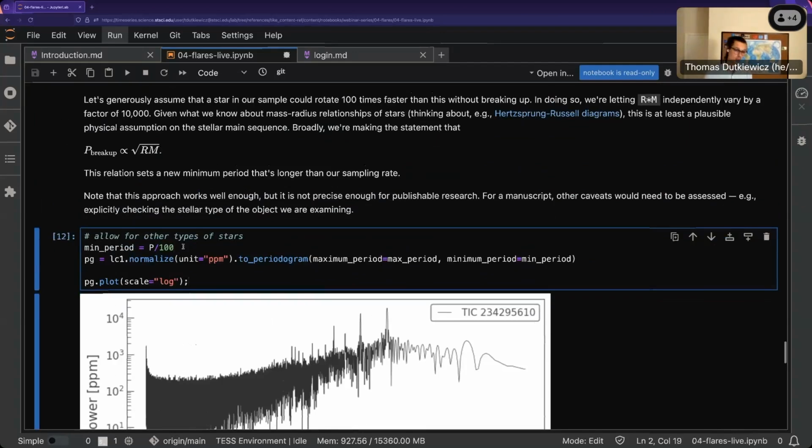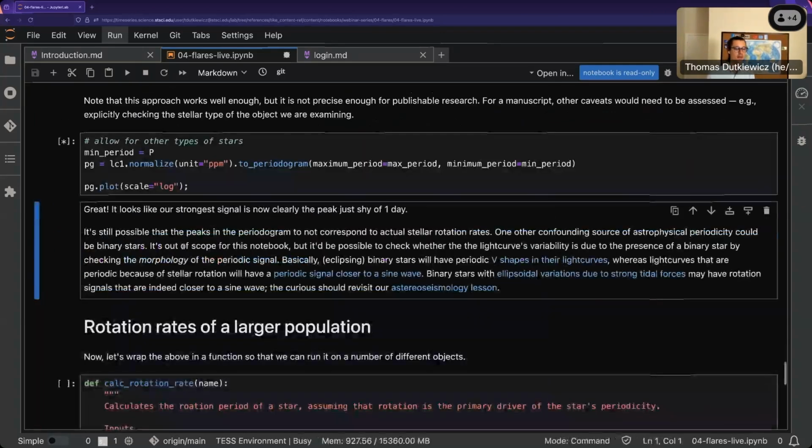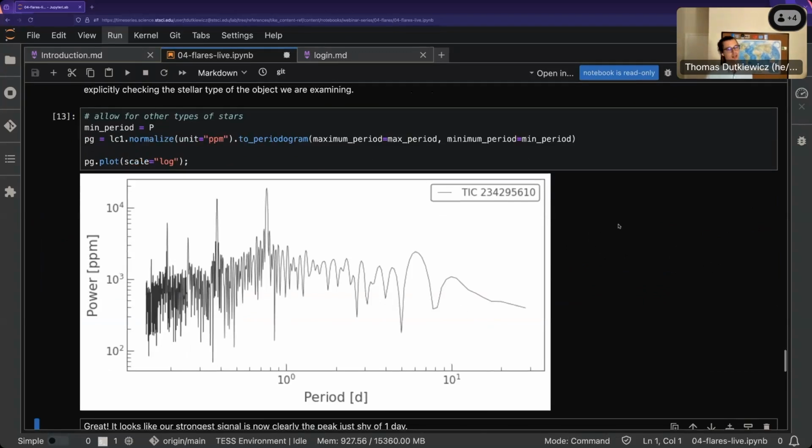And so if you don't limit it artificially, you get something more like this, which might seem less believable given how much we've trimmed out of it, but actually you can see that this top peak, or this highest peak that we identified as the most likely value for the true rotation speed, is actually the correct value, and we've in fact just excluded some of the aliasing.